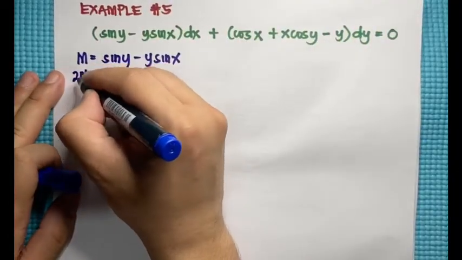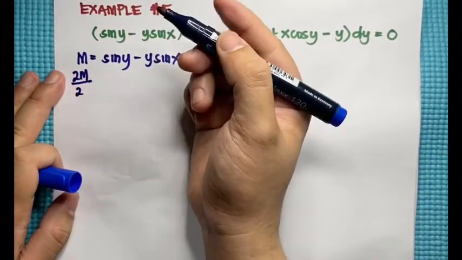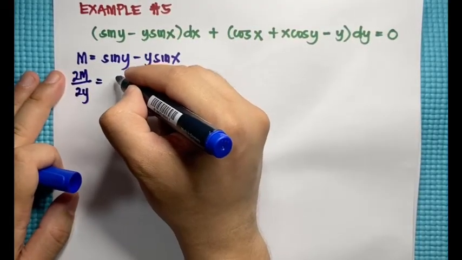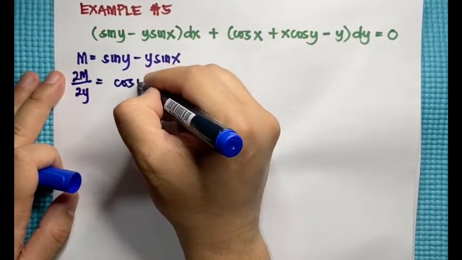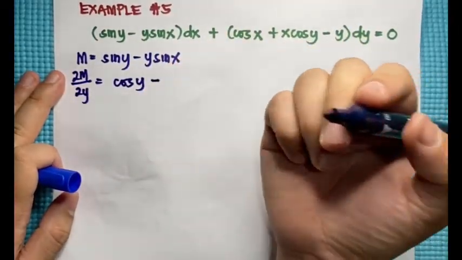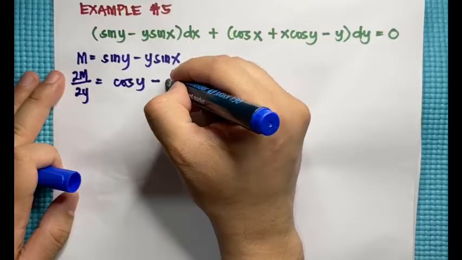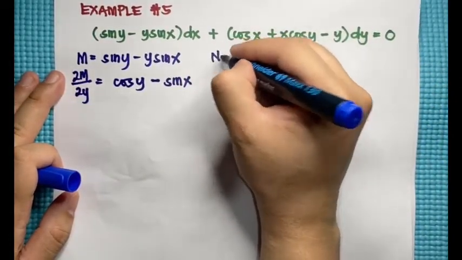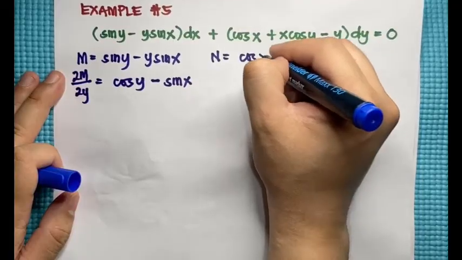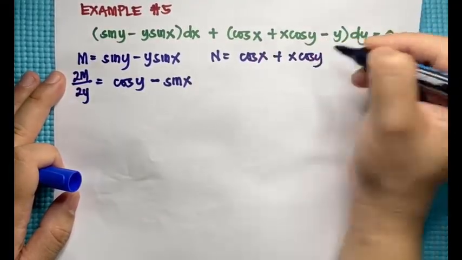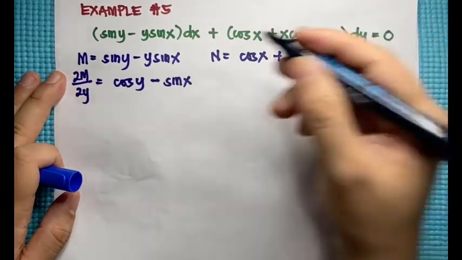So the partial derivative of M with respect to y would be cosine y, and then minus sine x. On the other hand, N is equivalent to cosine x plus x cosine y minus y.